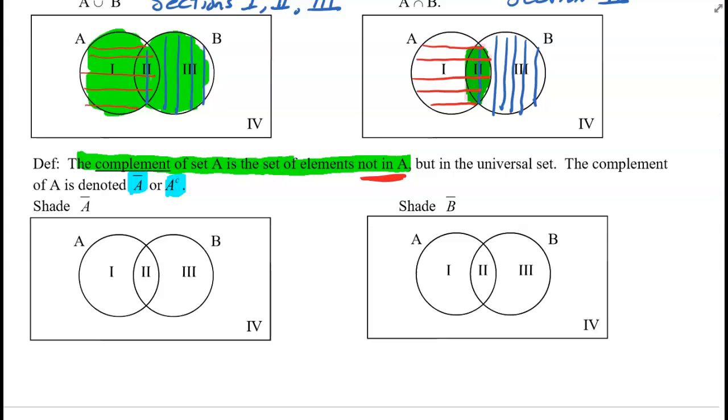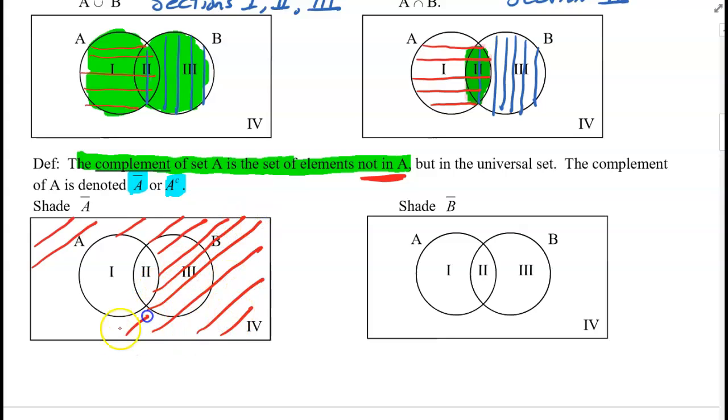So if I wanted A complement for the problem on the left, I want everything not in A, so I'm highlighting in red everything not in A. So what I just highlighted is A complement, and I'll even highlight it in pink here.